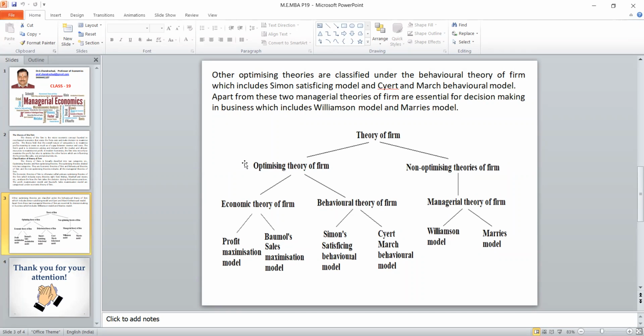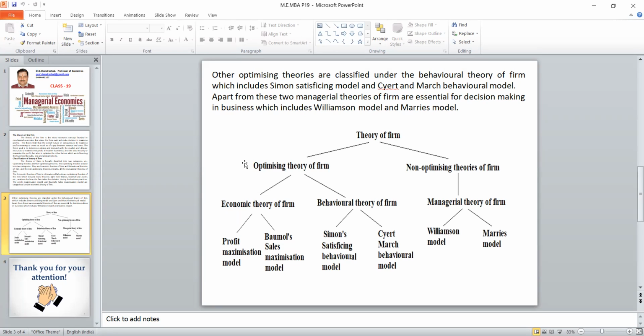Suppose they ask in a Section B question, explain the concept of theory of firm and how it has been classified. If that is the question, then you should write: any firm starts with profit maximization only. Apart from profit, there are many other factors which influence it, like sales, revenue, cost, productivity.